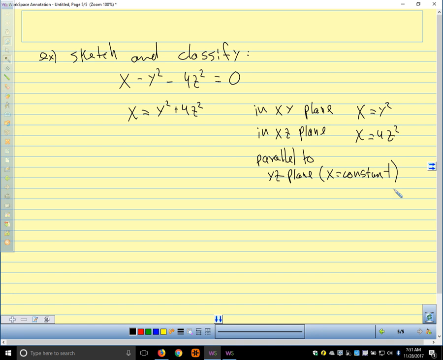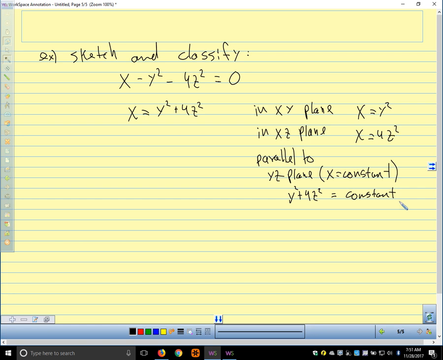So parallel to the yz plane, where x equals a constant, we have y squared plus 4z squared equals a constant. What is that? It's an ellipse, right?